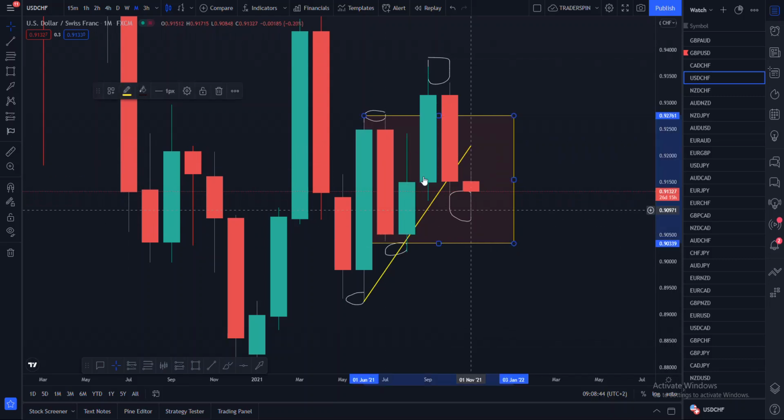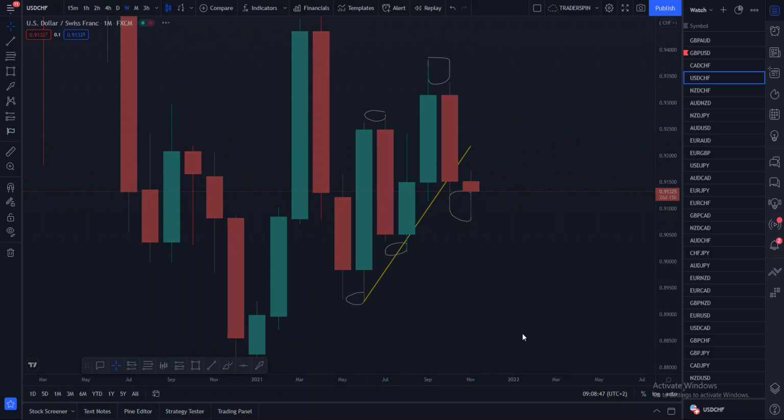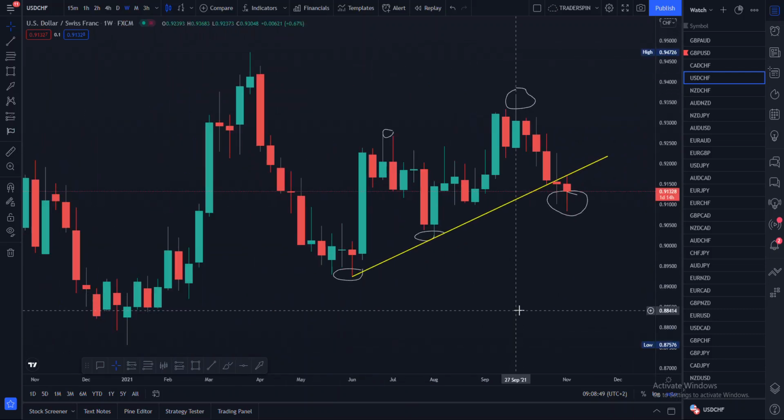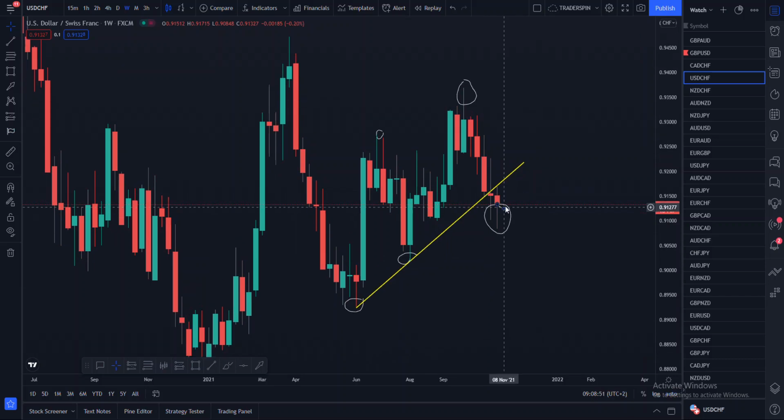So that means we're going to enter using our weekly time frame. I'm waiting for my pattern maybe next week, once this red candlestick closes, and then maybe I will get this nice bullish candle that's going to give me my candlestick pattern.